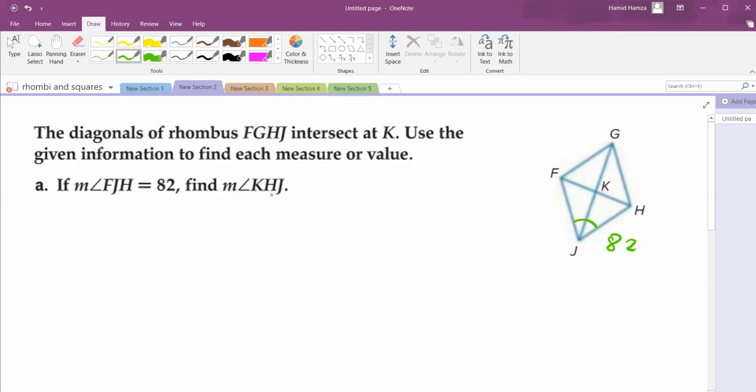And we wanted to find angle KHJ, this one. We wanted to find the measure of this angle.